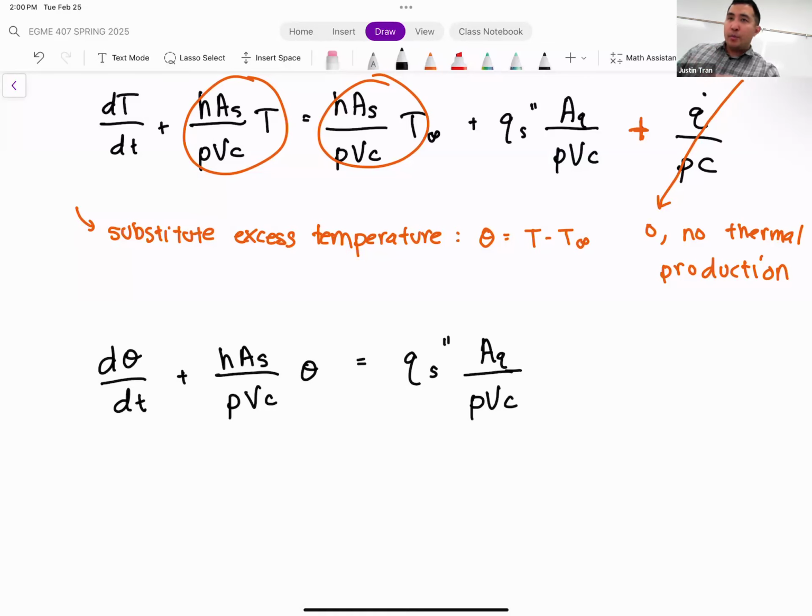By the way, going back to Kiera's question from earlier, this A_q right here is only the area that is being acted upon by the heat flux.